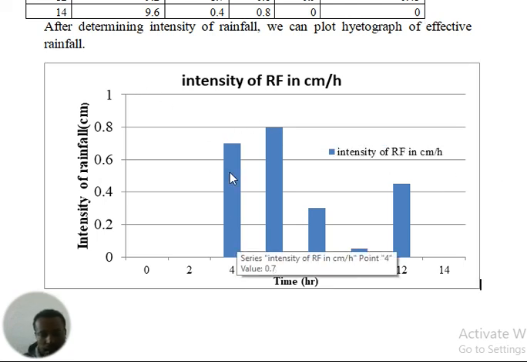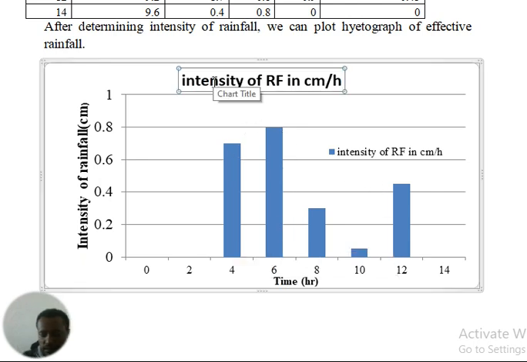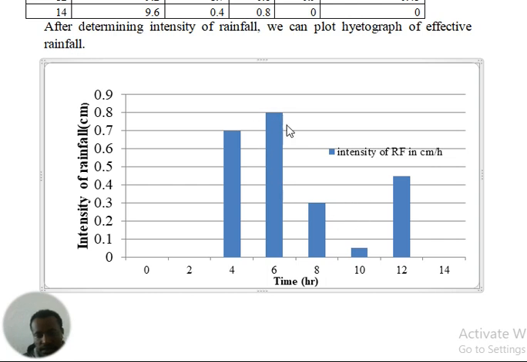This is the intensity of rainfall that varied from time to time, at different time intervals. The peak intensity will occur at 6 hours, 0.8. So after this there is an increase.